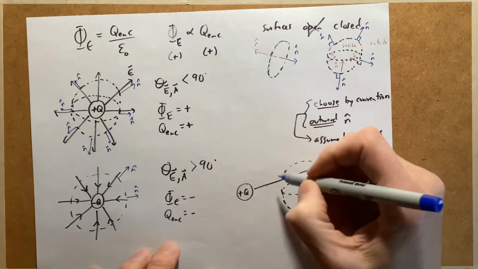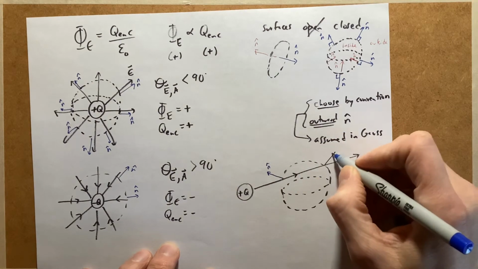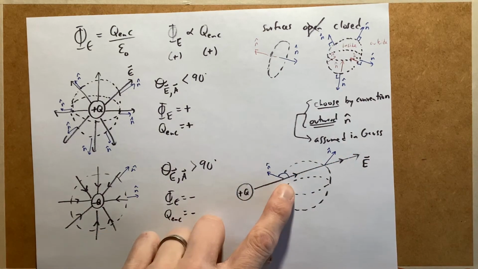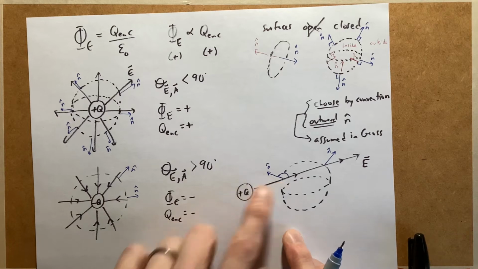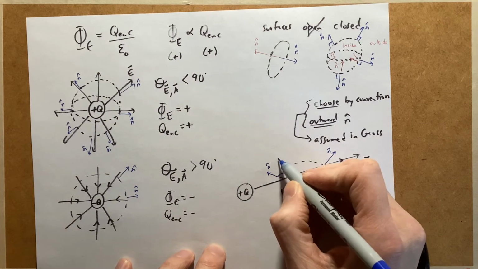If we drew the normals to the surface, you can see that where the field line goes in, the angle is greater than 90, and I'm going to get a small negative contribution to my flux.